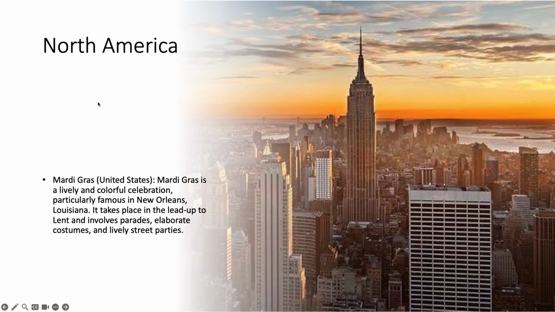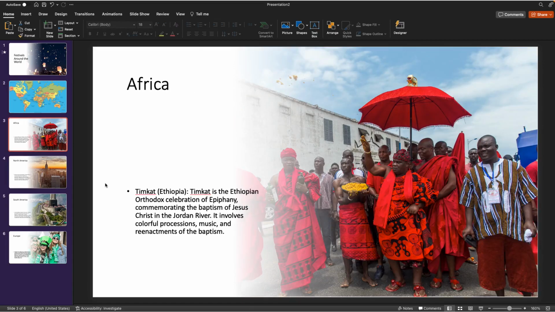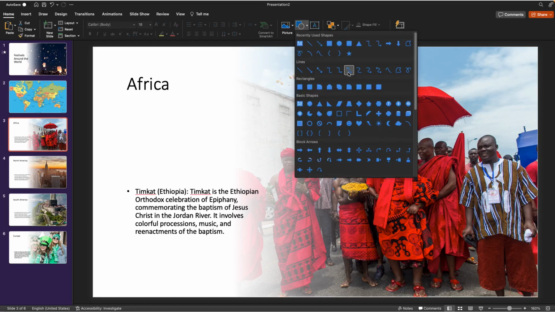What we can do is, actually we missed something. What we probably want to do again is, we can make this fancy so that we can link it back into that page. If we go back into this mode, we can go ahead and add some kind of shape.